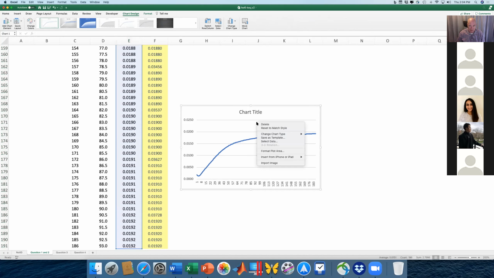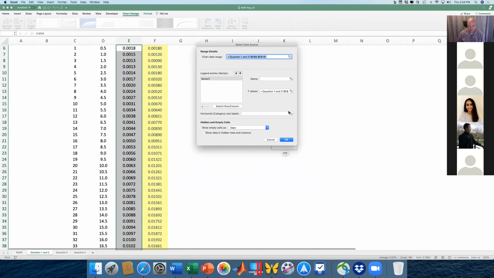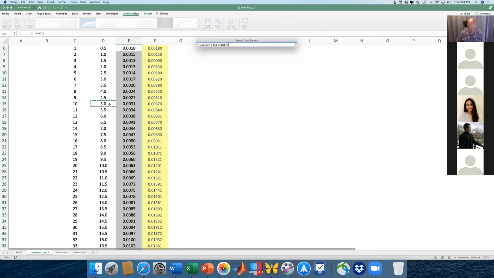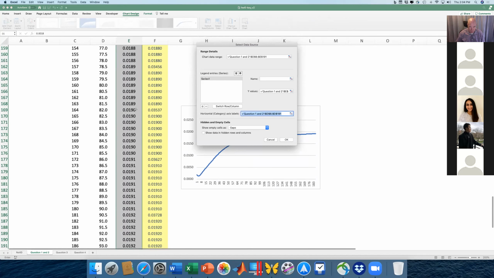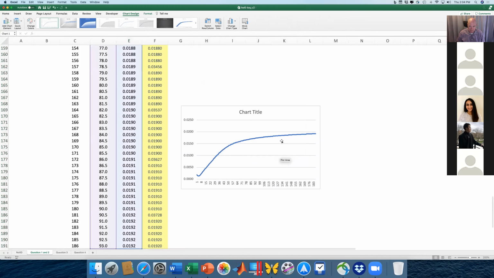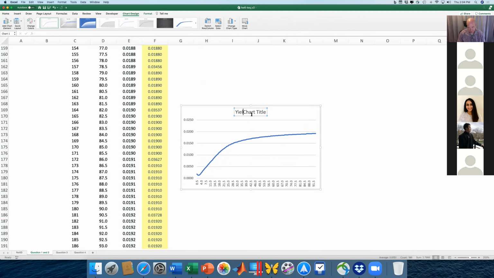All right, let me select that. I'm going to label this. So here are my yields. This is the yield curve. It happens to be a spot rate yield curve. All right.